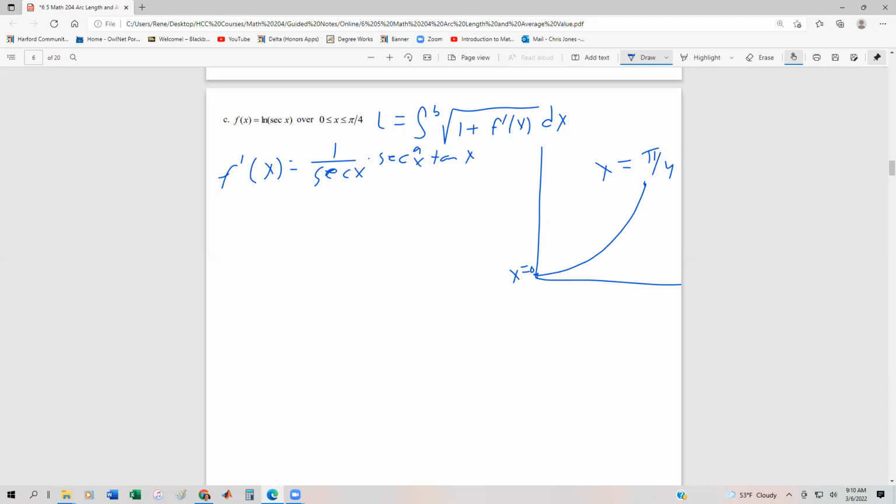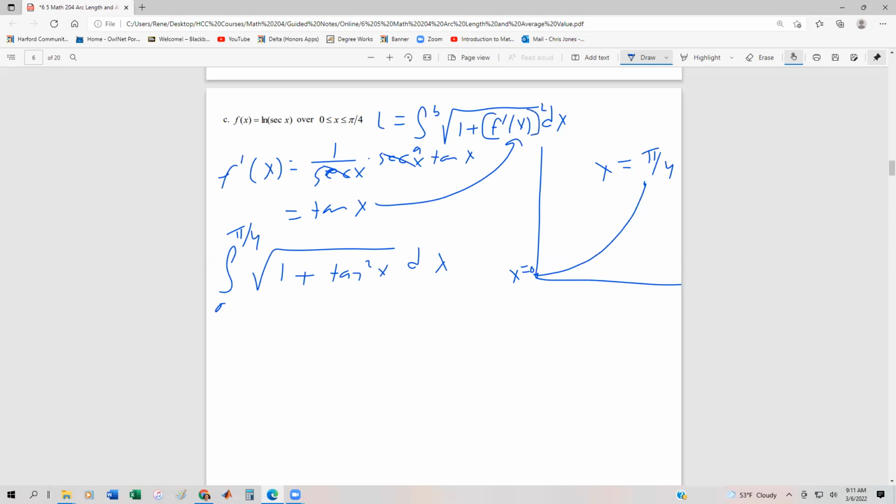And this works out really nicely because those cancel out and we're just left with the tangent of x. We're going to substitute that back in. And so we're going to get the integral from 0 to pi fourths of the square root of 1 plus tan squared of x dx. Because remember, and I forgot to do this up here, we should square our function.